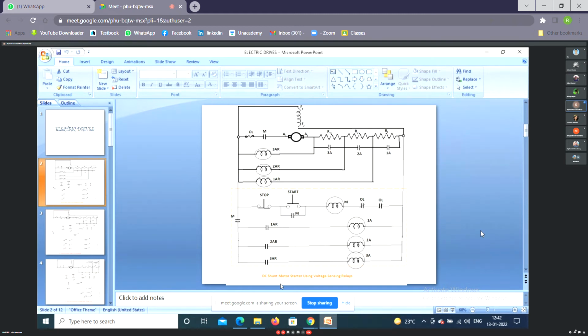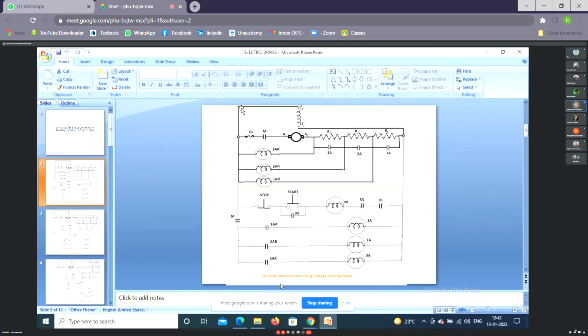When we are designing a DC shunt motor automatic starter, our aim is to insert resistance in series with the armature, so that the armature current is limited to 2 to 2.5 times the rated value. So what is the circuit? You see that this is the representation of an automatic starter.